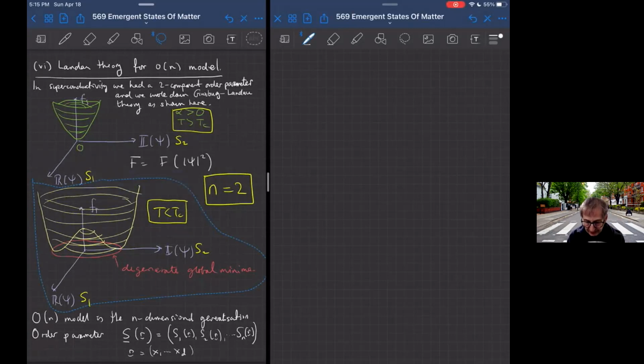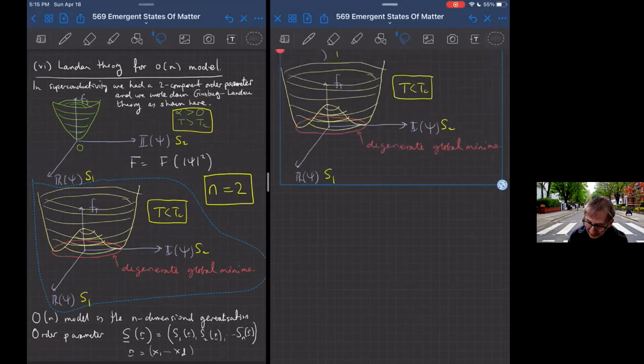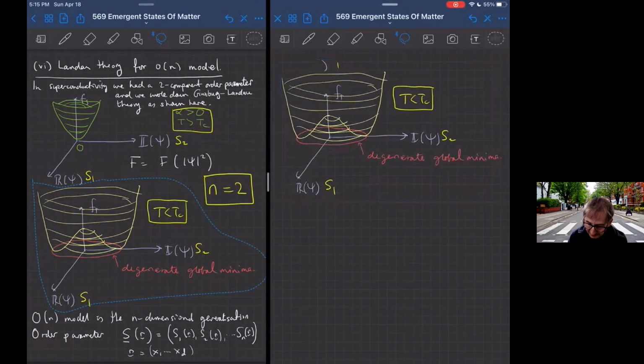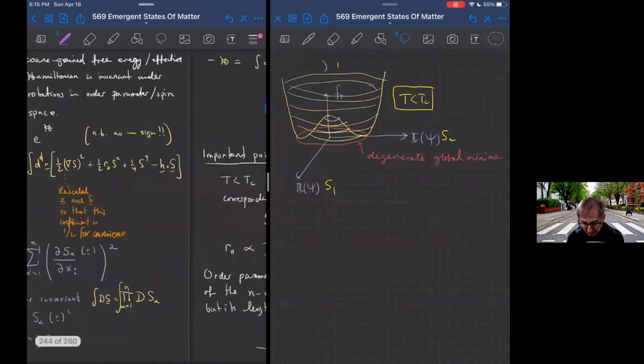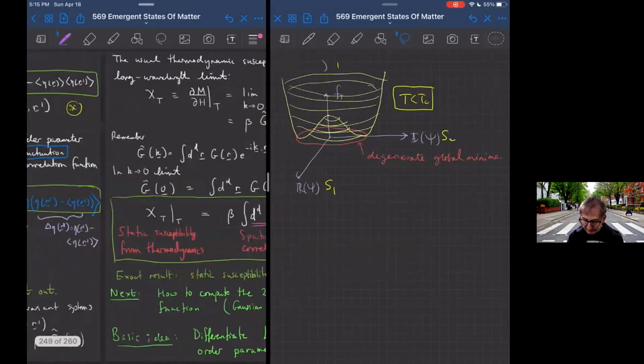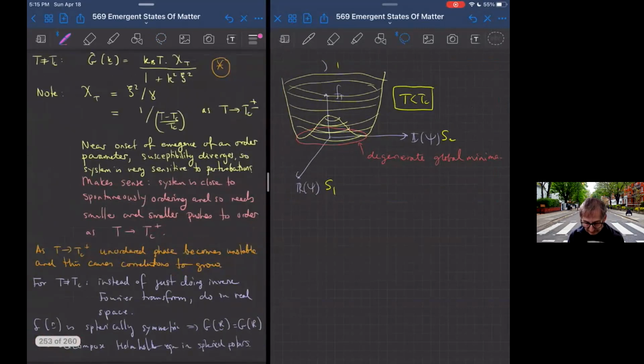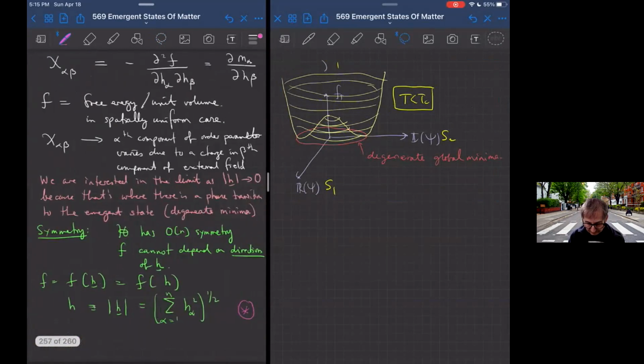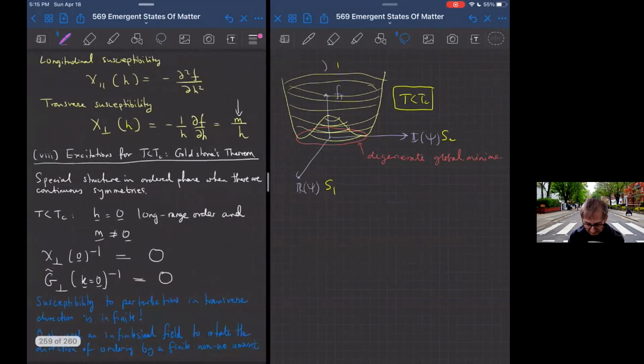Okay. And then let's go over here. Paste it into here. So let's stick it over here. And then let's go back to where we were.